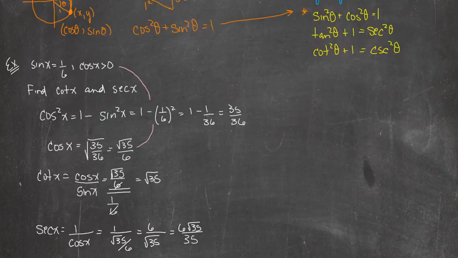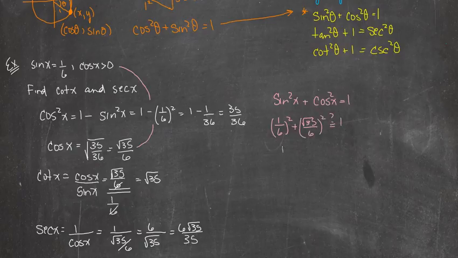Well, let's check our work. We know that the sine squared of x plus the cosine squared of x equals 1. So if I put in the sine squared, 1 over 6 squared plus the cosine squared, root 35 over 6 squared, does that equal 1?